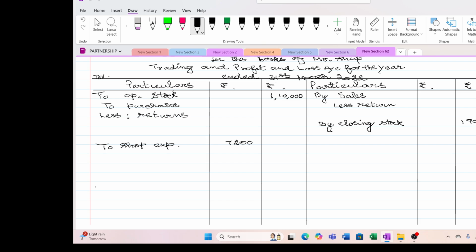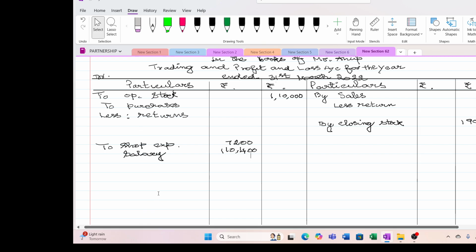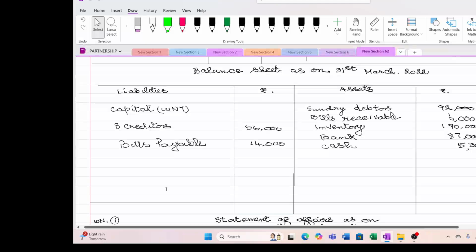We have made a payment of salary also. We have made a salary of 1,10,400. Salary, yes, 1,10,400.